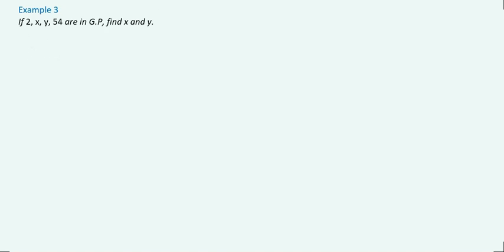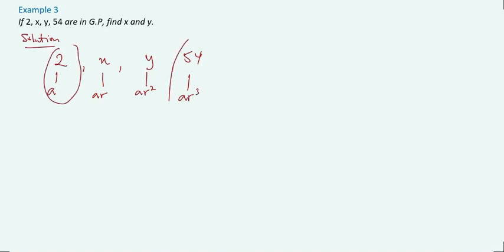Since they are in GP, we will write them down: the 2, the x, the y, and 54. You agree with me that this one is our A in the GP, this one is our AR, this one is our AR square, and this one is our AR cube. Now we are given this, and we are also given 2 and 54.